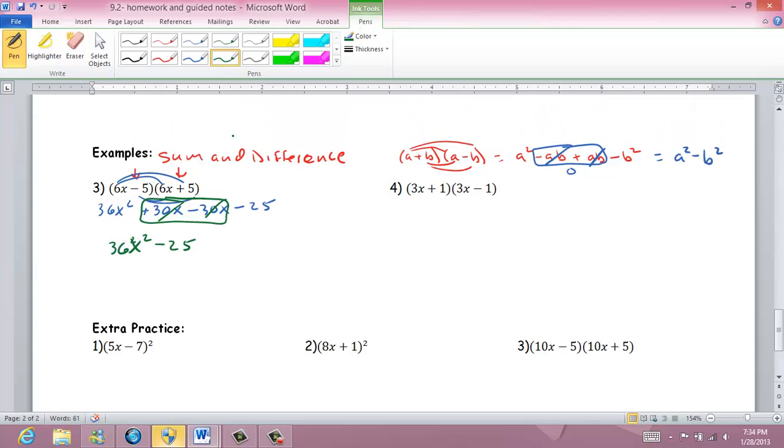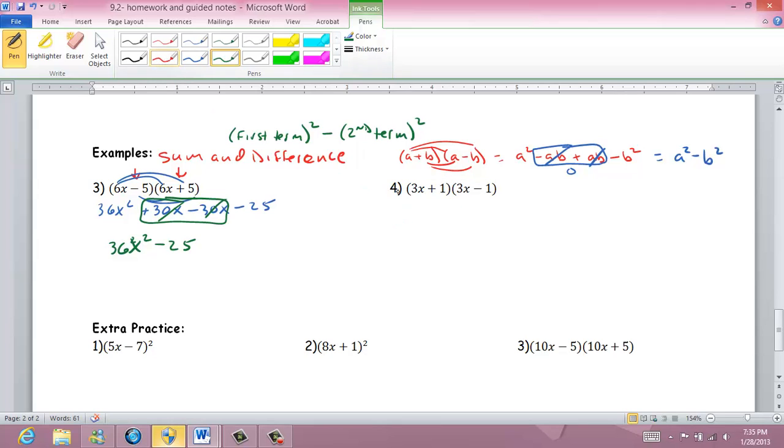We basically square the first term, minus the second term squared. And this can only be done if the first and last terms are the same. One pair is linked by addition, the other pair is linked by subtraction.